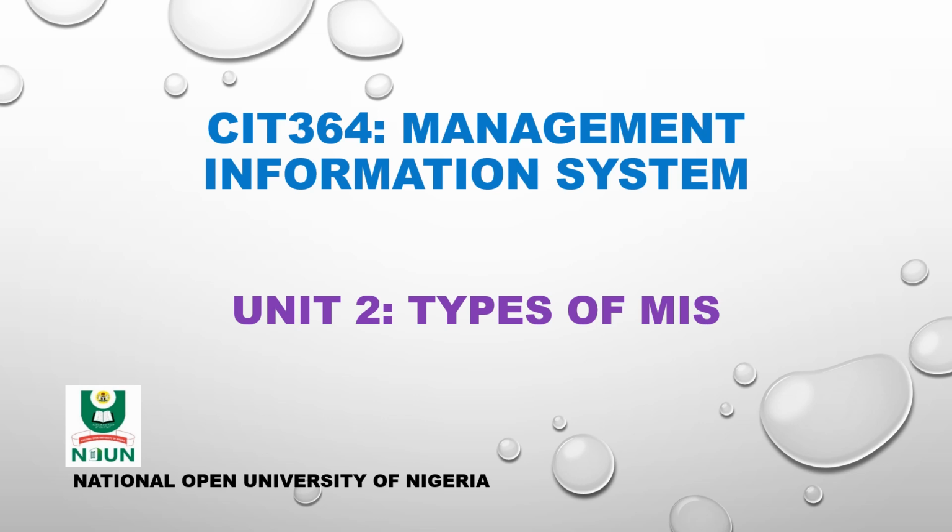We were also able to look at the value of MIS. What value does MIS have? I explained to you that each organization has its own, different value. So the value of MIS depends on the user that is using it in the organization.